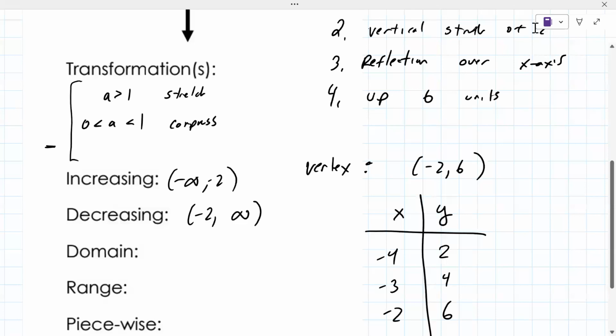It's opening down. The domain would be -infinity to +infinity, including both, obviously. And then the range would be from -infinity to 6, included. Okay. You got it.